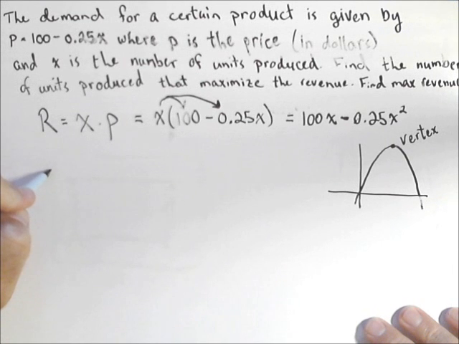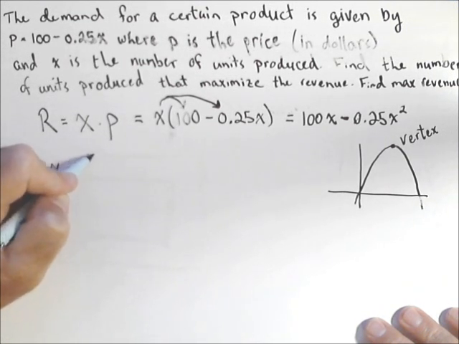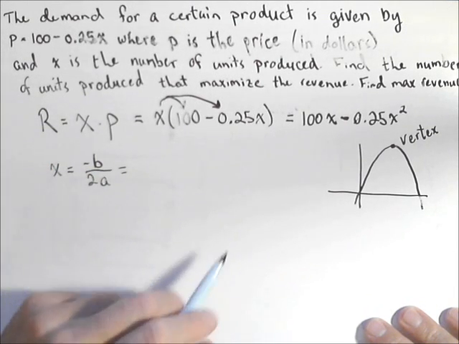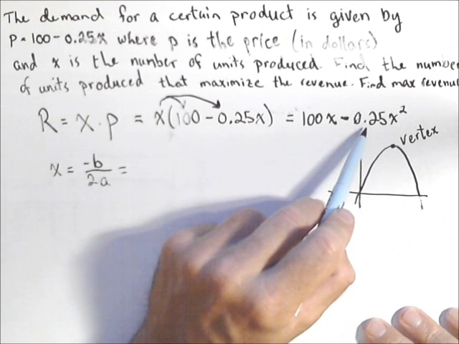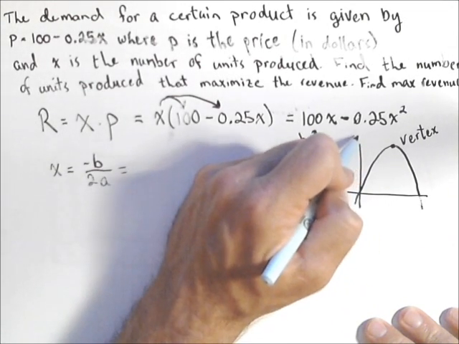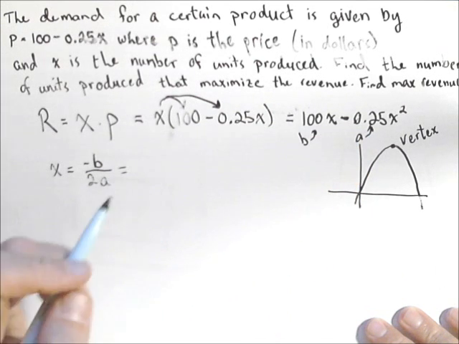To find the vertex of a quadratic, to find the x-coordinate, all you need to do is use negative b over 2a. Now, our quadratic's not written in our regular form, so realize that the b is 100 and the a is negative 0.25.